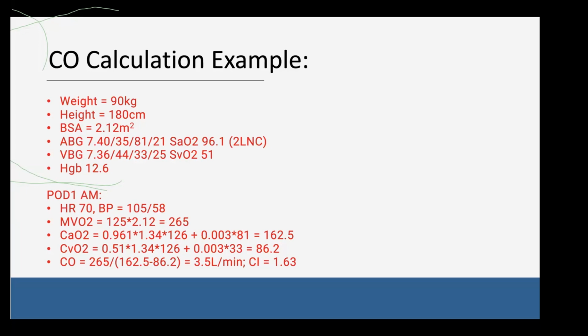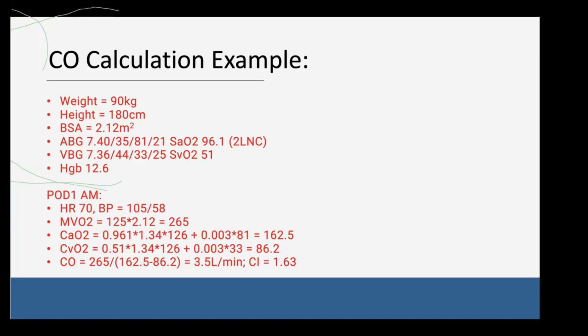The SaO2 was 96.1, and the venous blood gas was a pH of 7.36, CO2 44, O2 33, calculated bicarb of 25 on the VBG with the SVO2 of 51. And the repeat hemoglobin drawn around the same time was 12.6. The hemoglobins were about the same, and this time the patient was off epinephrine.